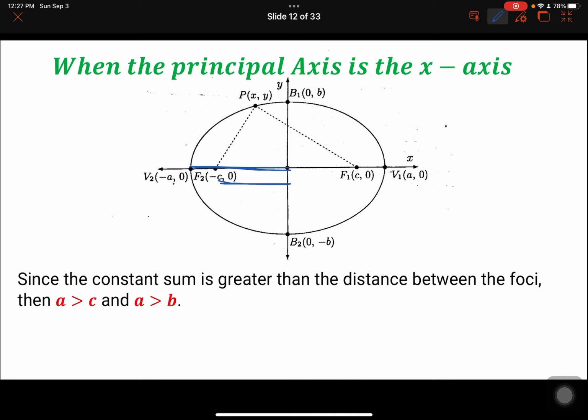Ito yung A, ito lang yung B. So, kung titignan naman natin, mas mahaba talaga si A kaysa kay B. Therefore, please take note our lengths. So, it is equal to A squared plus B squared plus C squared. Any question?